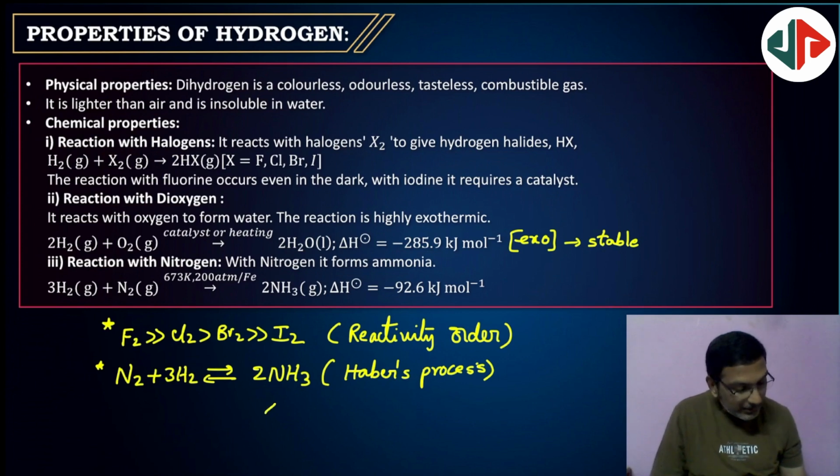It is reversible. So delta H for this process is minus 92.6 kilojoules. Here it is not per mole, just kilojoules.